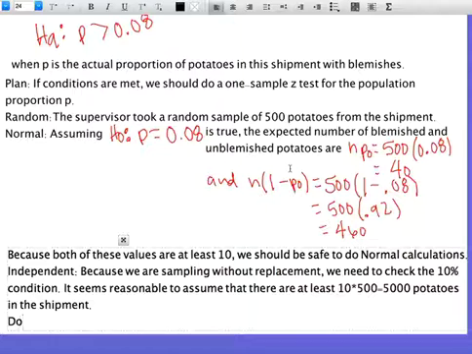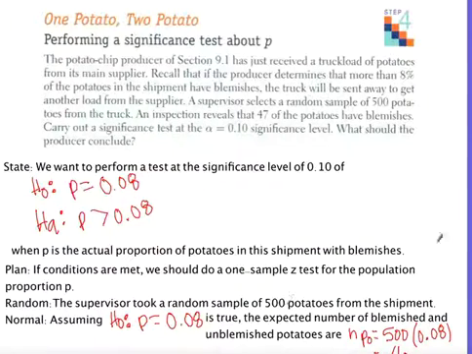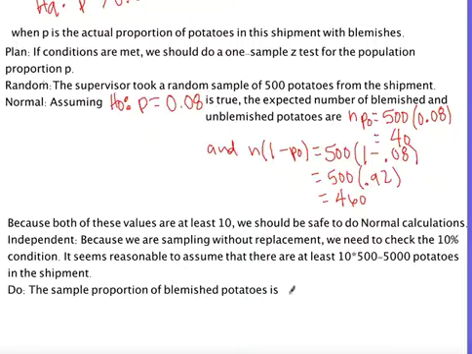All right, next we have to do our do step. So this is step 3. So the sample proportion of blemished potatoes is going to be p hat, which is going to be equal to 47 out of 500.